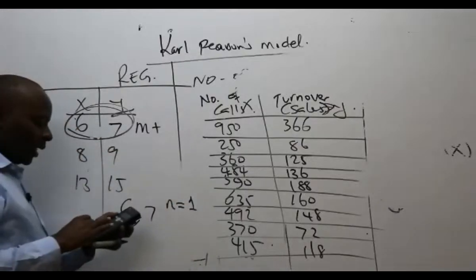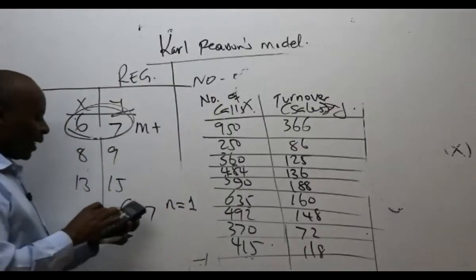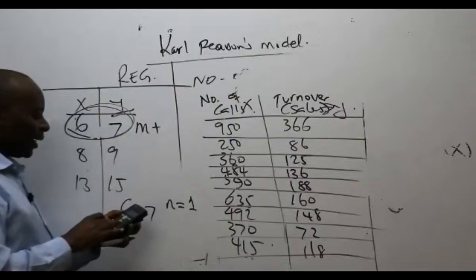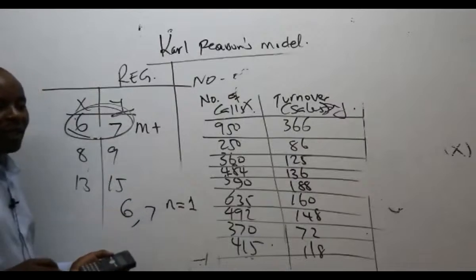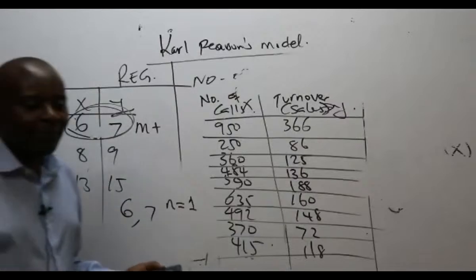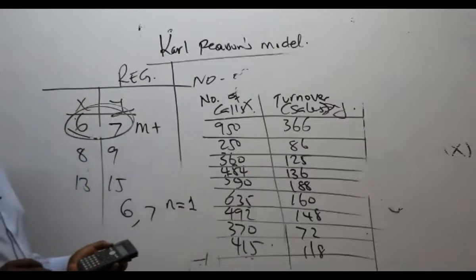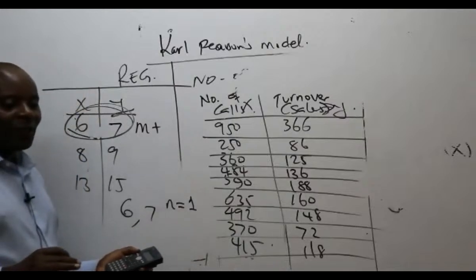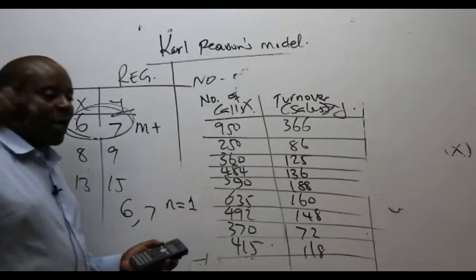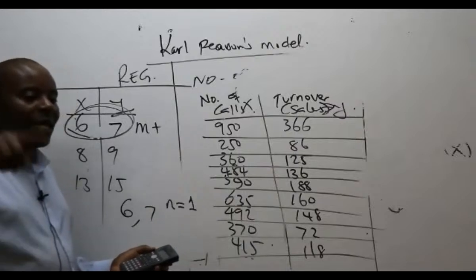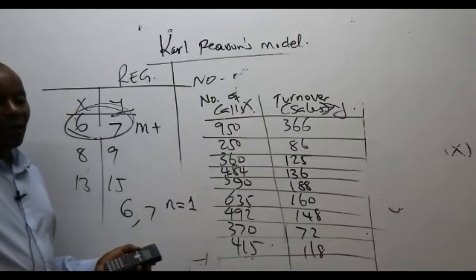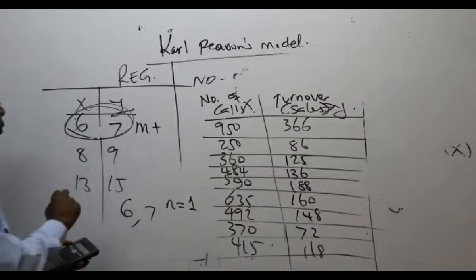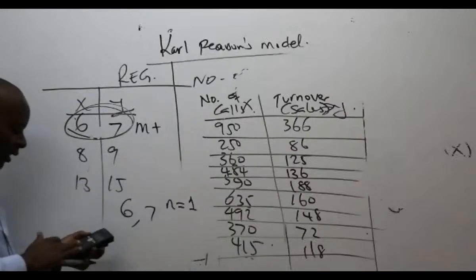So you come and say 8,9, then you say M plus. Is there somebody who has been told that this time round N equals 2? Thank you very much, Maureen. So we get the last one, which is 13,15.